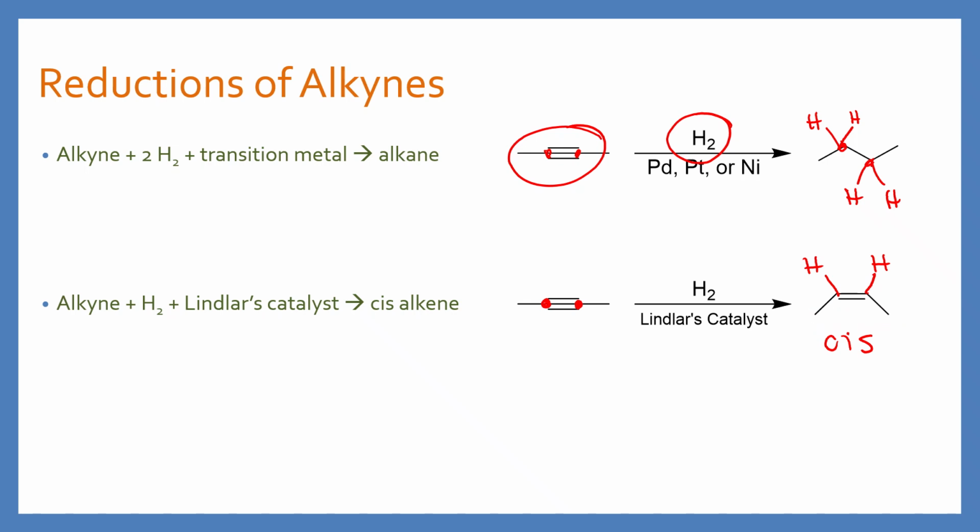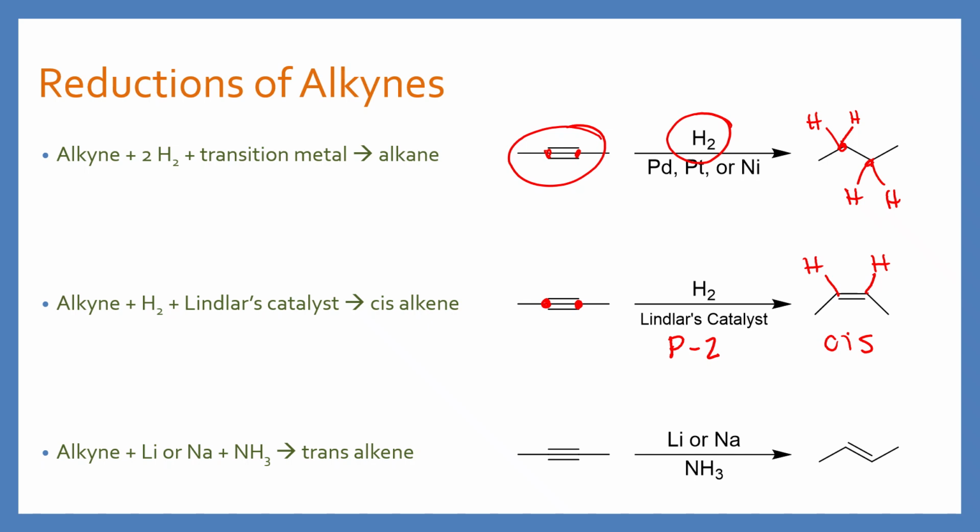This is because this follows a very similar mechanism to our catalyzed reactions in the previous video with alkenes. I also want to say on Achieve, they didn't have a lot of practice problems that involved Lindlar's catalyst. So they use another one called the P2 catalyst. And this is going to do the same thing. It's still going to give you that cis alkene.